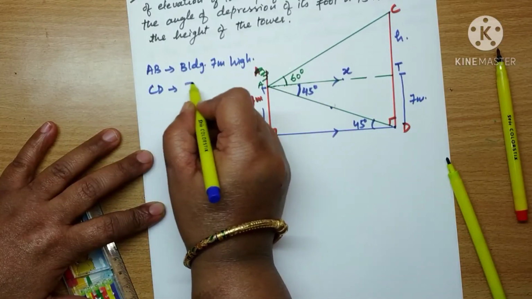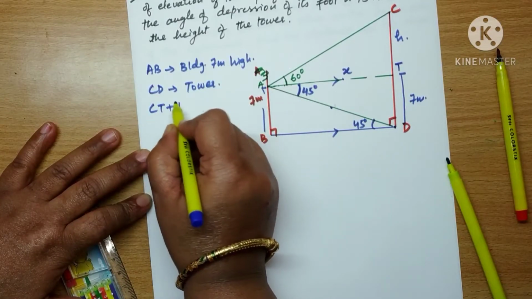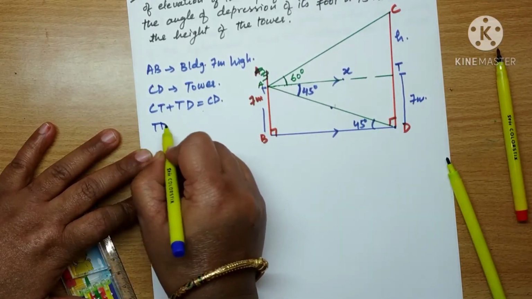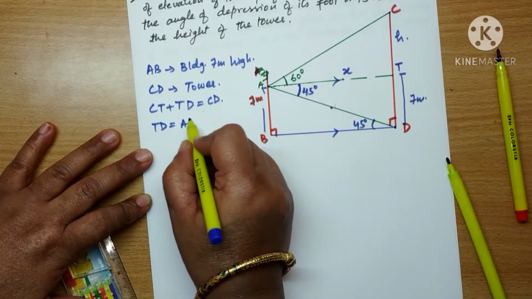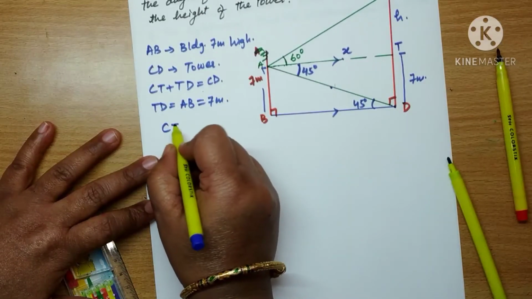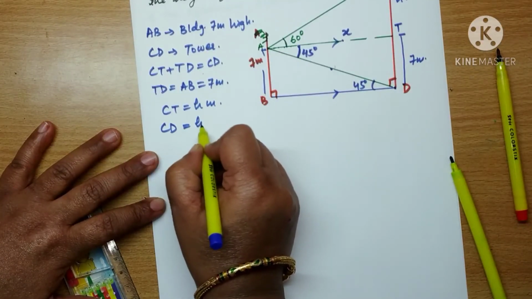CD tower. Right? CT plus TD is equal to CD, where TD is equal to AB equal to 7 meter. And CT is H meter. So CD is H plus 7.